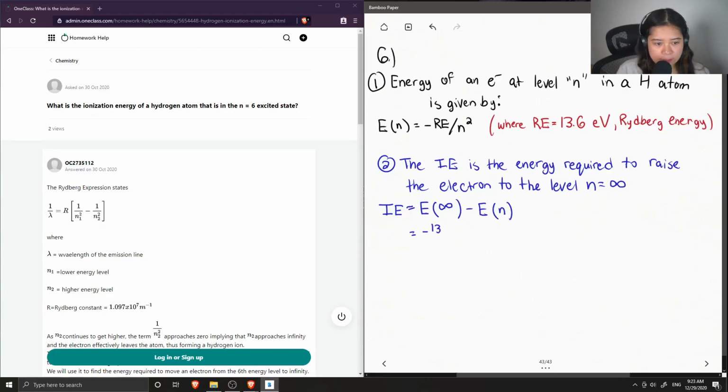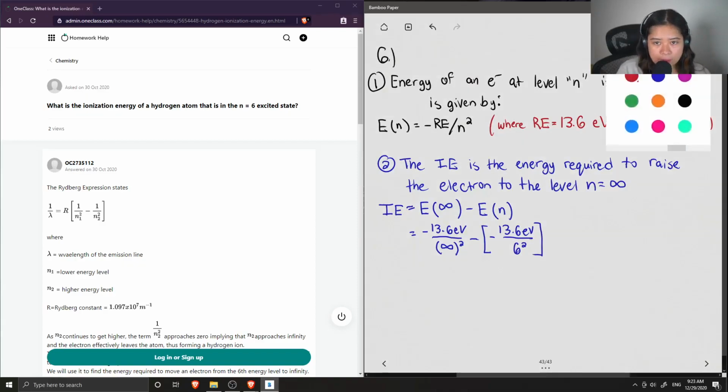We had 13.6 divided by infinity to the power of 2 subtracted by negative 13.6 over, in this question, it is 6 squared.